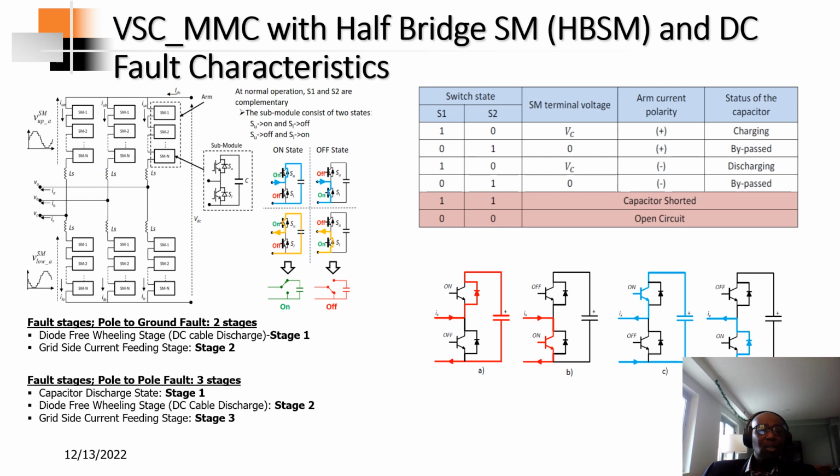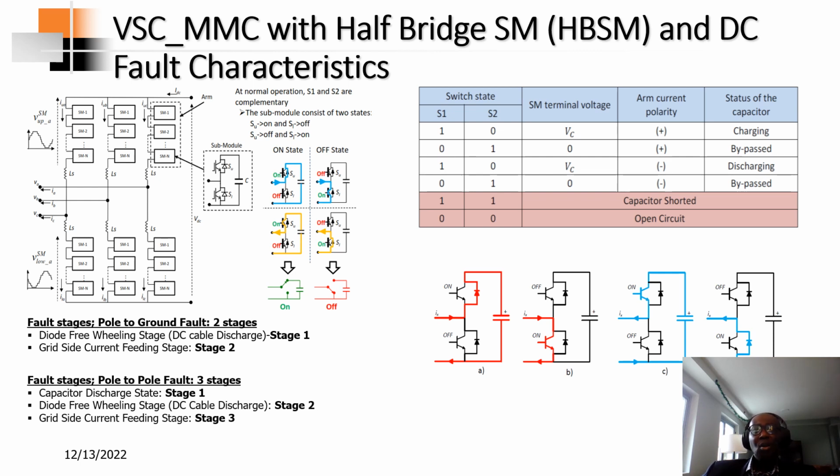The very top here is the upper arm, and the very bottom here is the lower arm. Like I told you, each one consists of a series of these, it could be hundreds, 200s, 300s, 400s, all the way up to thousands, all connected in series, cascaded together to achieve the required voltage that you want, right?